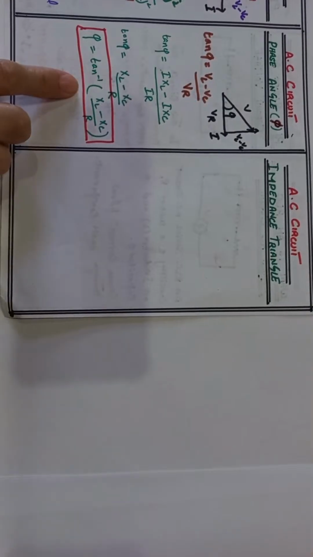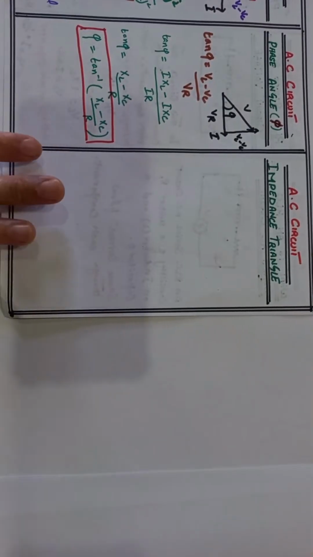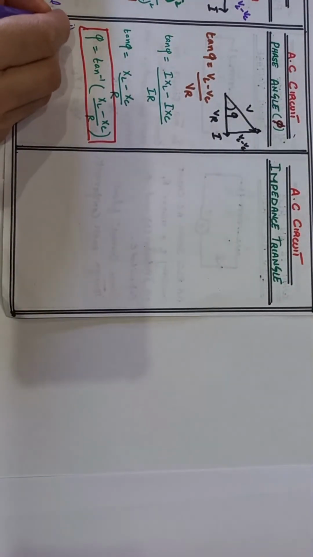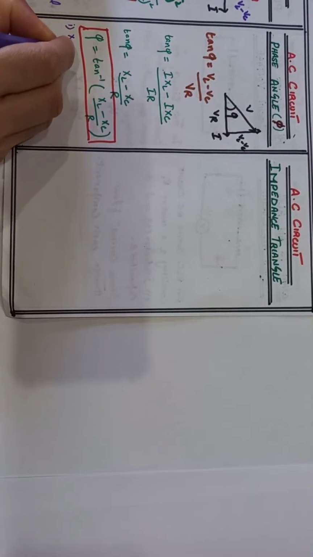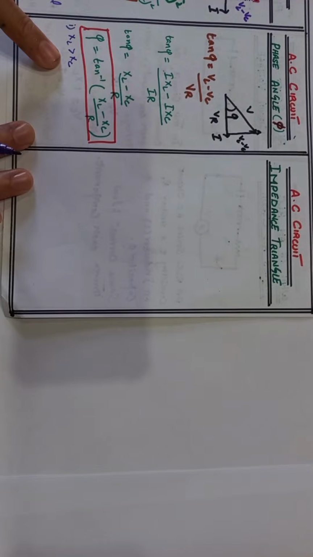Now we discuss three cases of this formula. First, if XL is greater than XC, that is, whenever the inductive reactance is greater than the capacitive reactance, the circuit is inductive and the current lags.